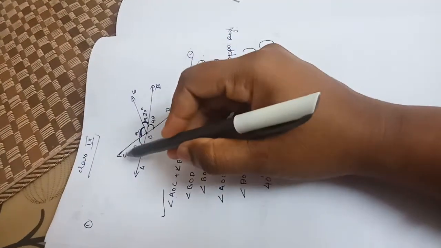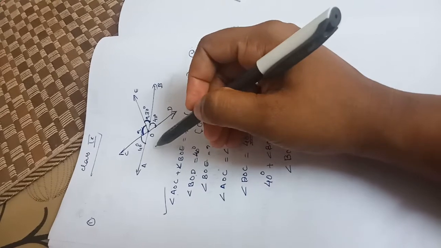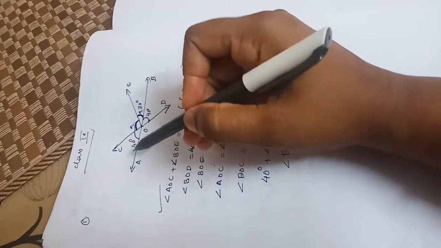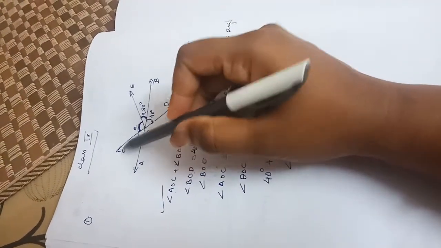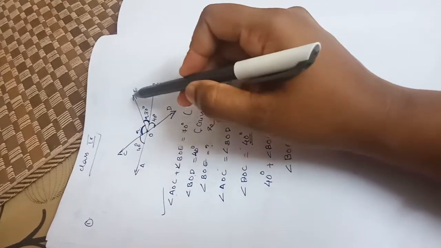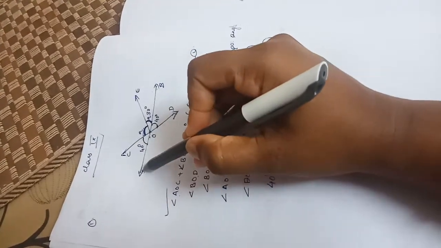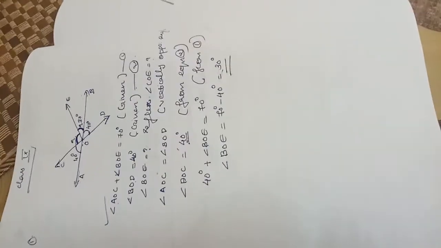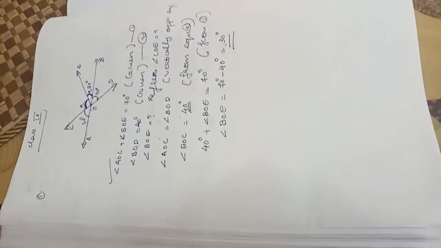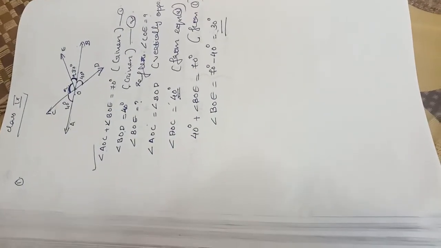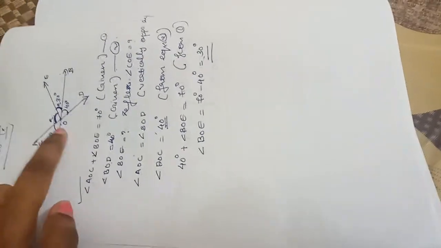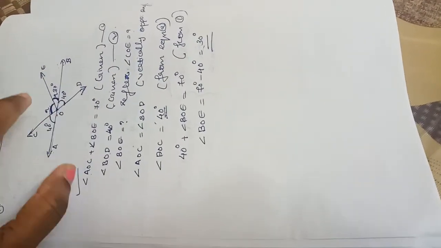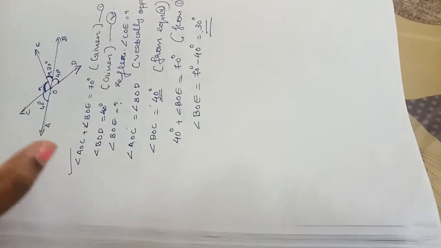Next we have to calculate COE, then only can we calculate the reflex angle COE, right? So I am asking you: angles AOC, COE and EOB, that means all the angles above this straight line AB. The sum of all these angles should be equal to what? The sum should be 180 degrees. That is called the linear axiom. Because AB is a straight line, all these lines fall on AB, making these angles, and their sum should be 180 degrees.